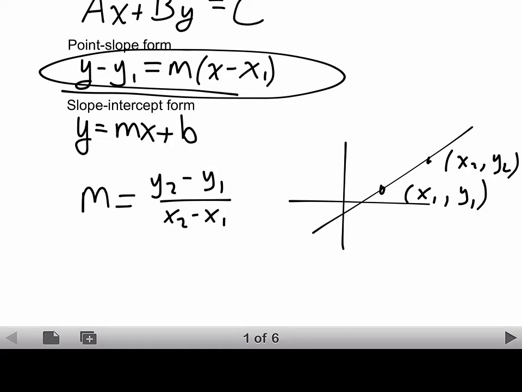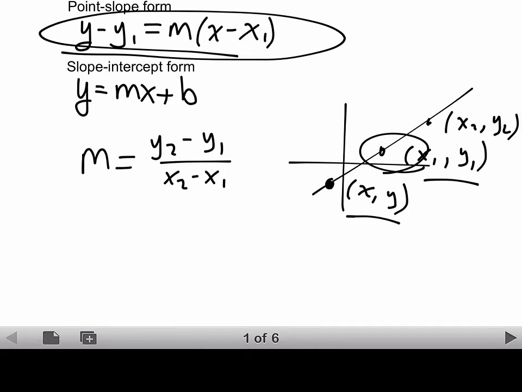However, if instead of considering two specific points on the line, we consider a specific point and a generic point that has coordinates x, y, then the slope between x, y and x1, y1 would be given by m equals y minus y1 divided by x minus x1.